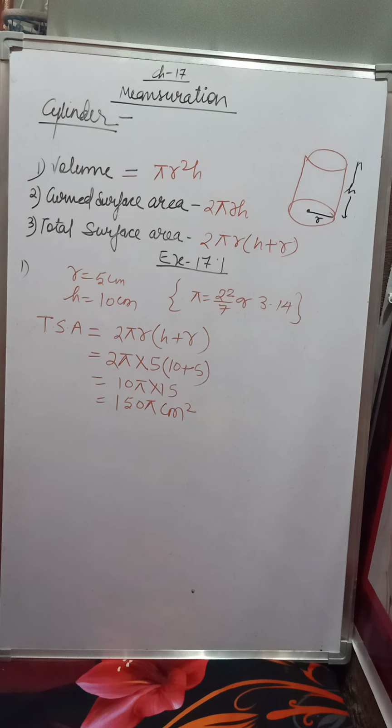In the next question, 4, in a given figure, we have a figure. Tin foil of size 22 centimeter by 16 centimeter is wrapped around to form a cylinder of height 16 centimeter. Find the volume of the cylinder. Here the radius is not given, but it is given that the height is 16. It means that the foil is wrapped around the 22 centimeter.